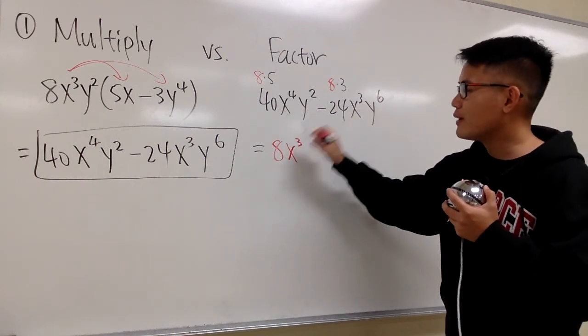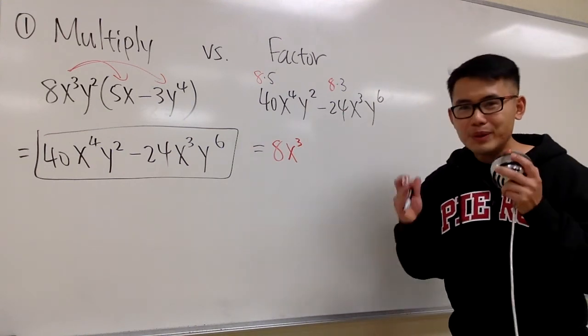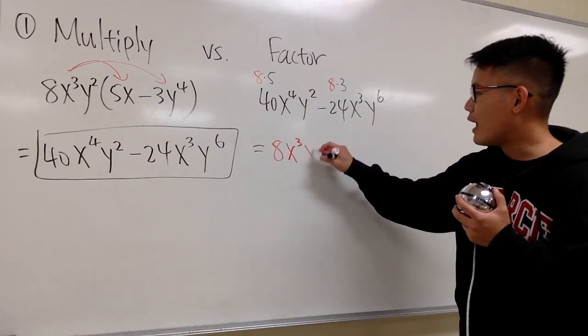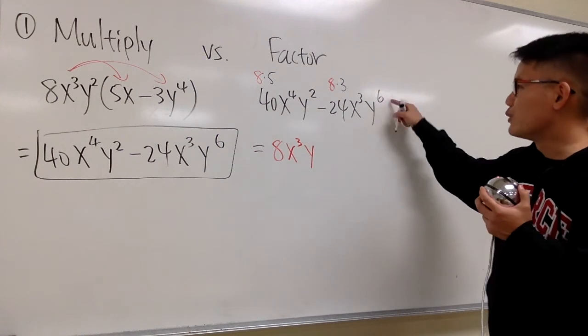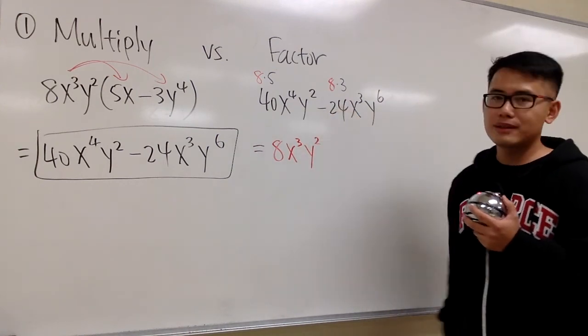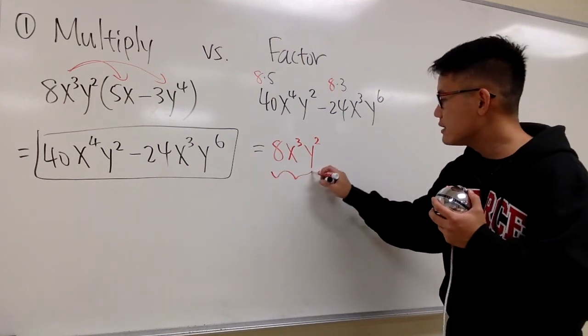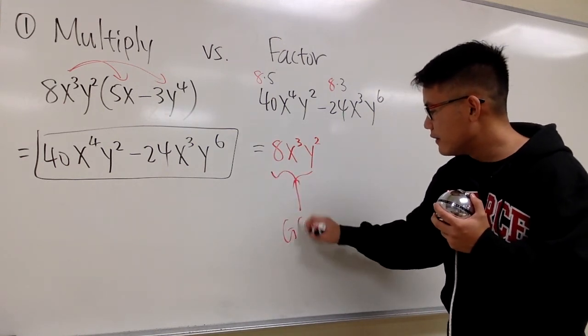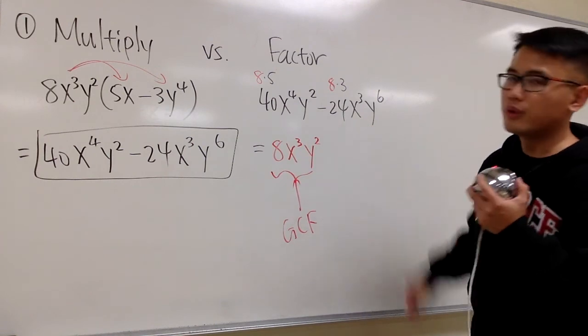So we are going to factor out x to the third power. And we'll do the same for the y. This is y squared. This is y to the 6. Of course, we choose y to the second, like that. And this right here is the greatest common factor of these two terms.